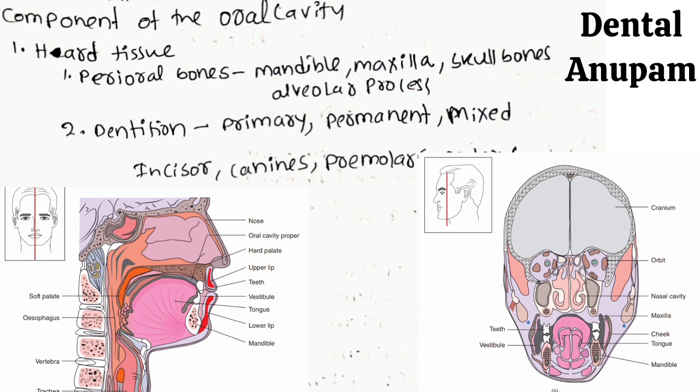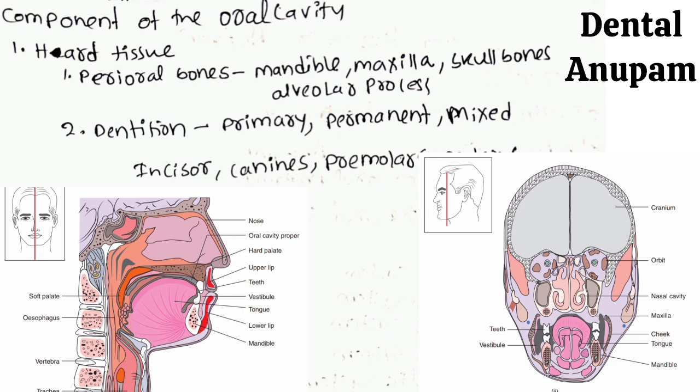Hard tissue. The hard tissue constituting the oral cavity and the peri-oral structures falls under two categories: peri-oral bones and dentition. Peri-oral bones include the maxilla, mandible, and other bones of the skull.